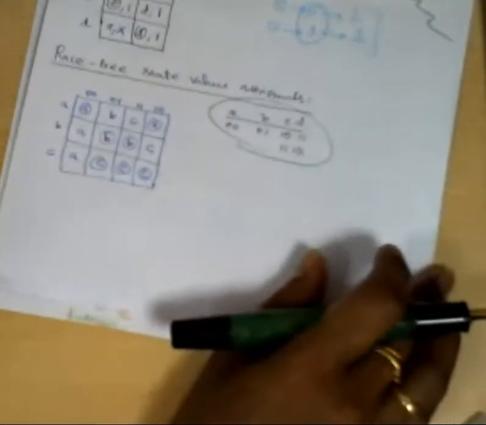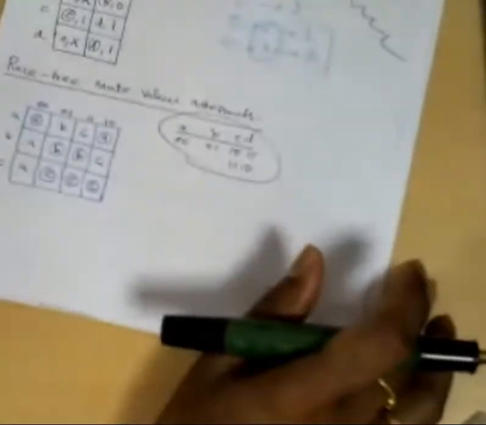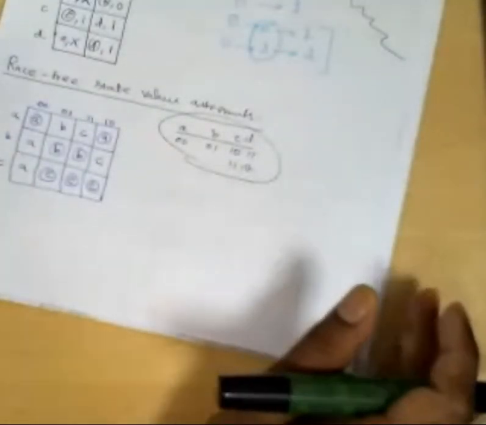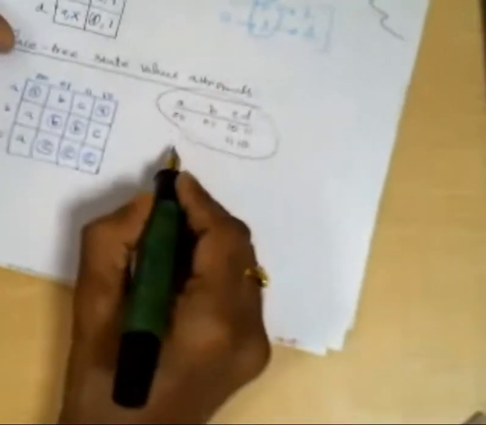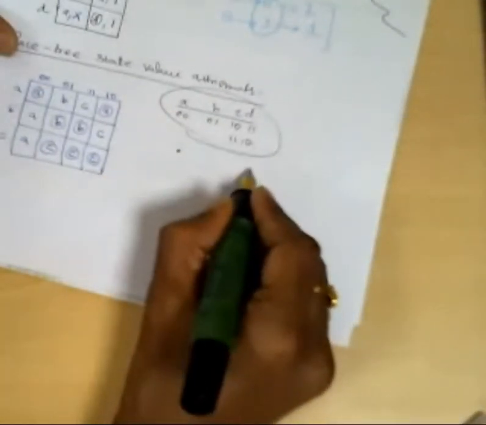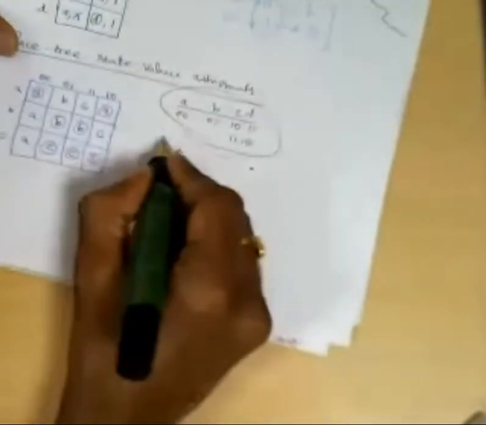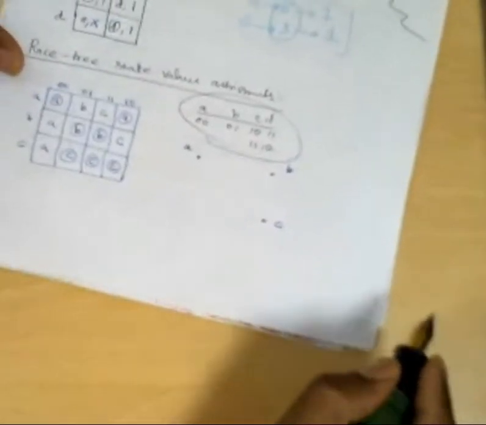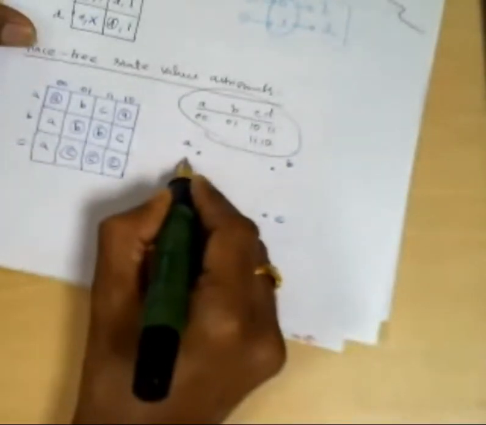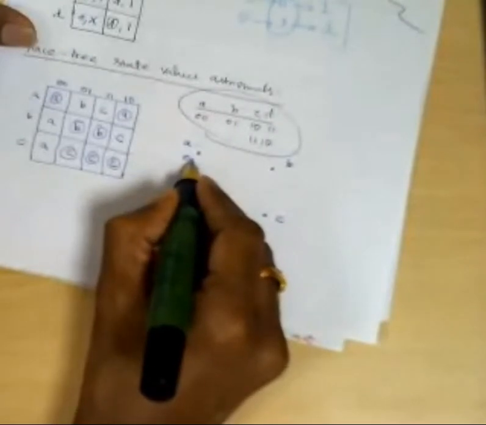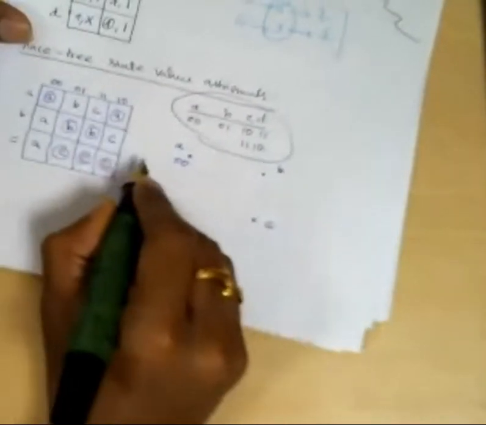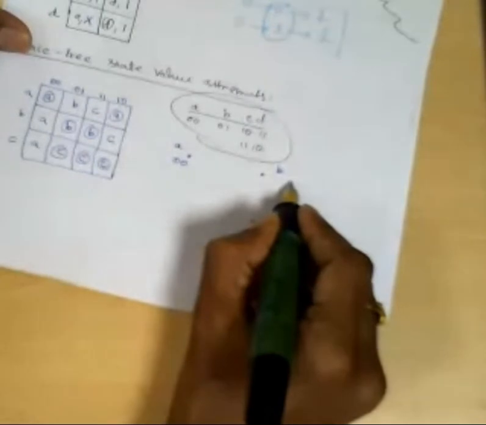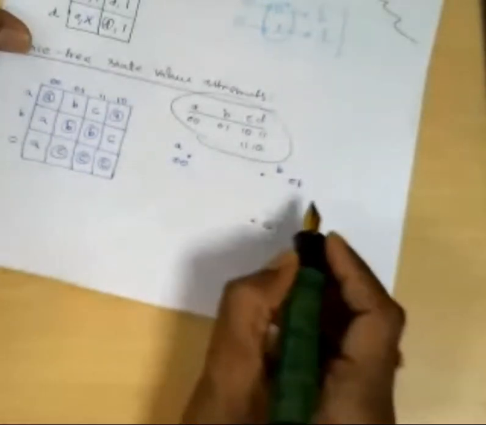Suppose, as usual, as we assigned values in our synchronous sequential circuits, this is state A, this is state B, this is state C. What will we do? If I assign 0 0 for A, and then for B we assign 0 1, right?